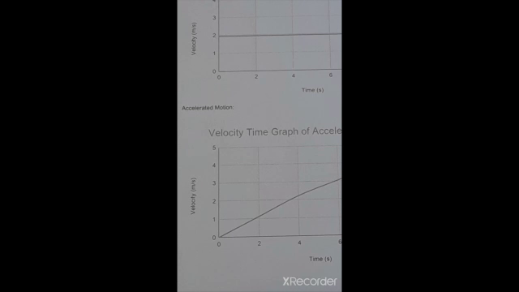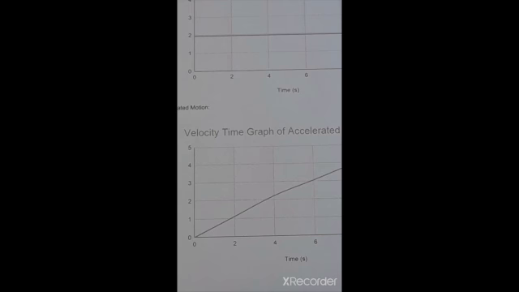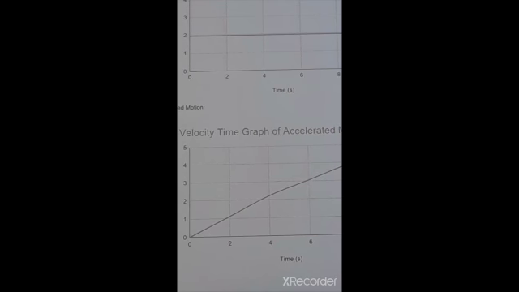So, at 2 seconds, our velocity was equal to 1.111 meters per second north. At 4 seconds, our velocity was equal to 2.222 meters per second north.